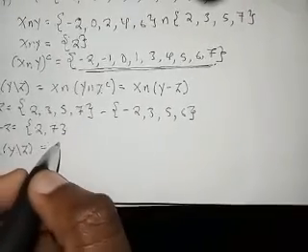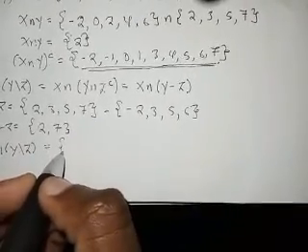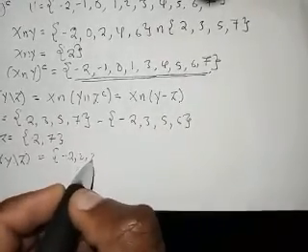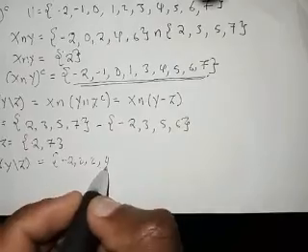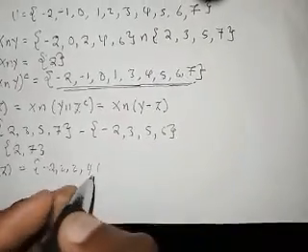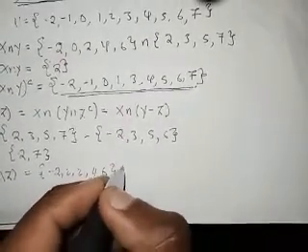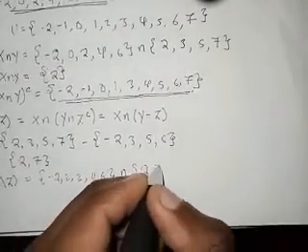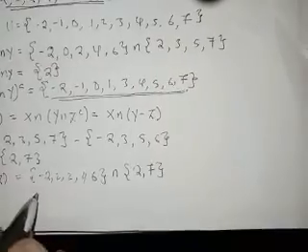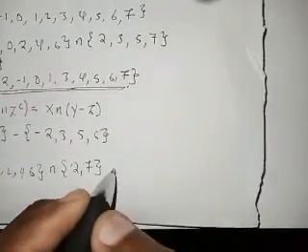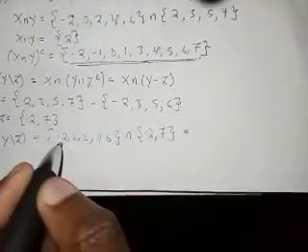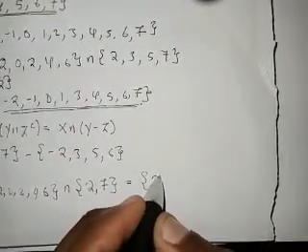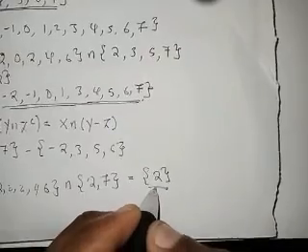So we are going to list set x, which is negative 2, 0, 2, 4, 6, intersected with 2 comma 7. You'll find that what is common between these two is just 2. So 2 is the answer to this question.